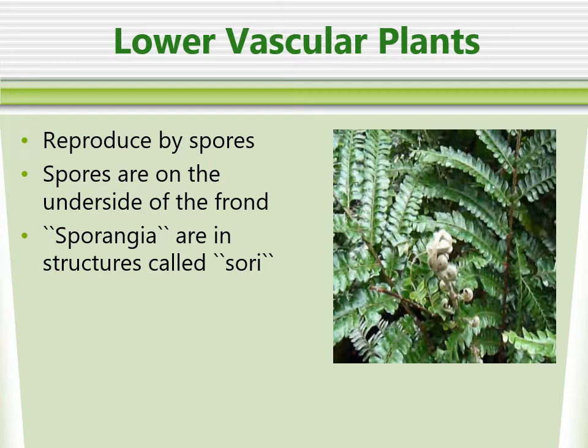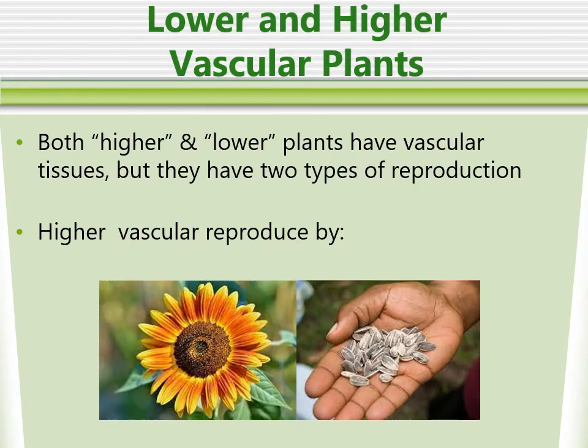To this day, they still exist, and they reproduce by these older systems, which employ spores. Underneath the leaves, they form mounds, sometimes referred to as sporangia or sori, if it's in a dedicated structure. They release spores, whereas higher vascular plants reproduce by flowers and seeds.